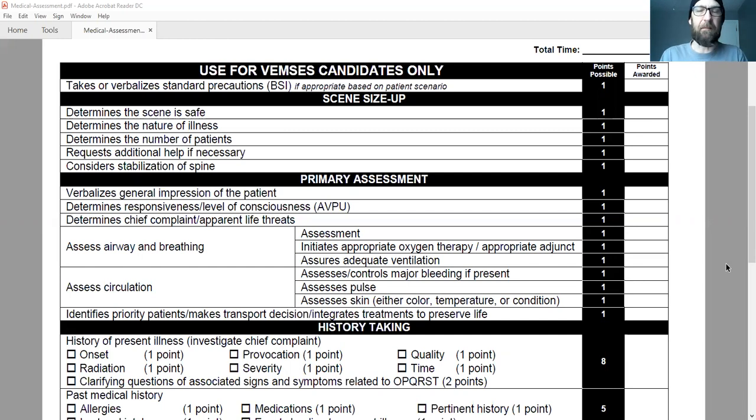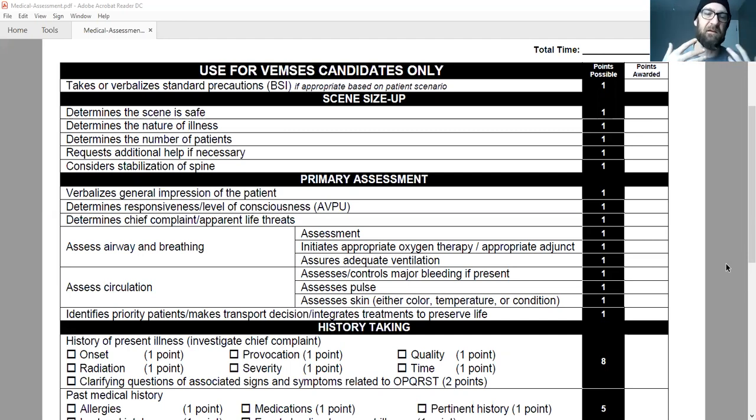Have them experiencing chest pain after exertion, maybe for an hour or two. It hasn't gotten better, or it's gotten worse, and maybe the pain goes places. So just have a little thing for your patient to tell you how they're feeling, and then work through your primary assessment slowly.